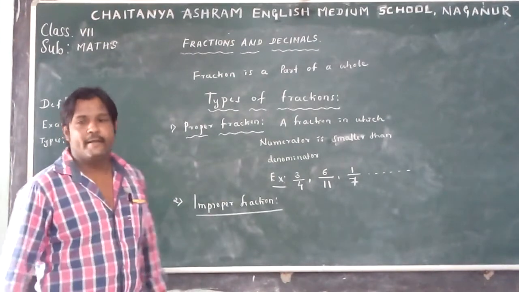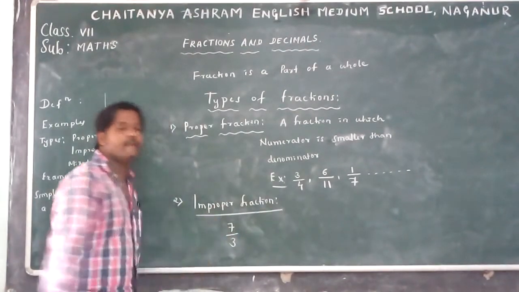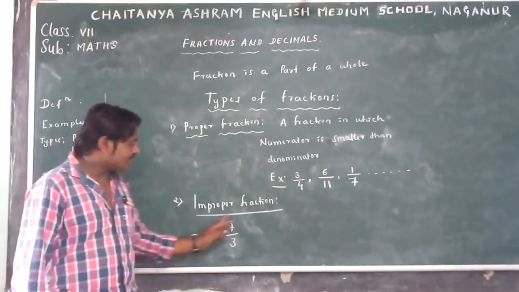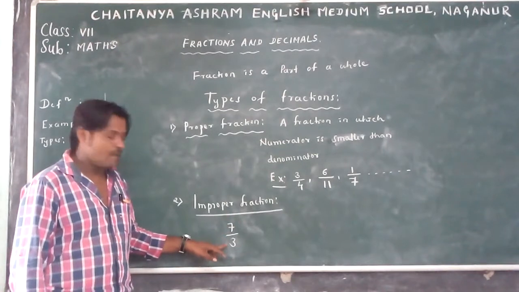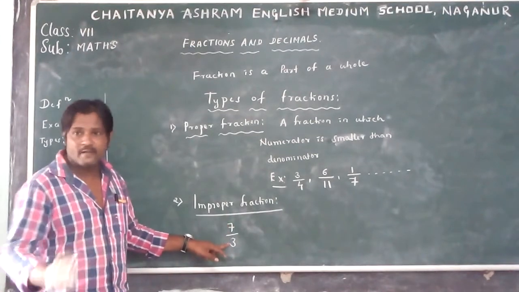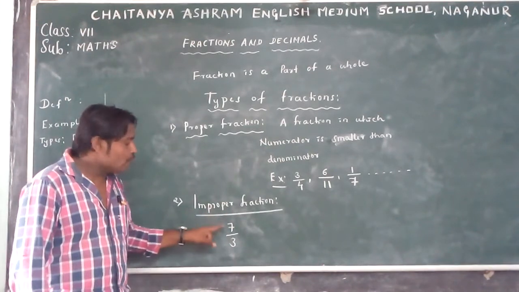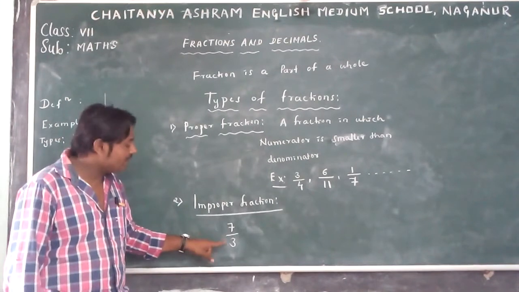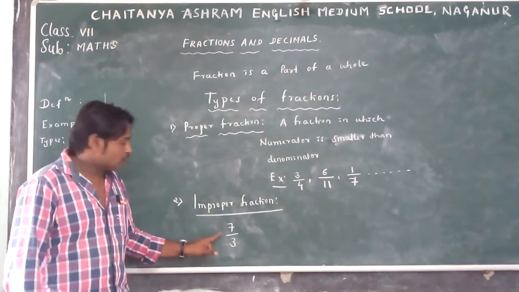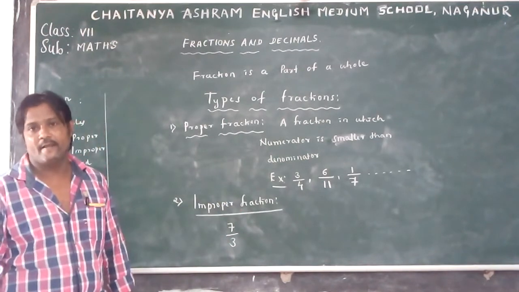Yes, very good. 7 by 3. First of all, check it is a fraction or not. Yes, it has a numerator and denominator. Both numerator and denominator are natural numbers, so it is a fraction. In this fraction, numerator is greater than the denominator. So this is an example for improper fraction.